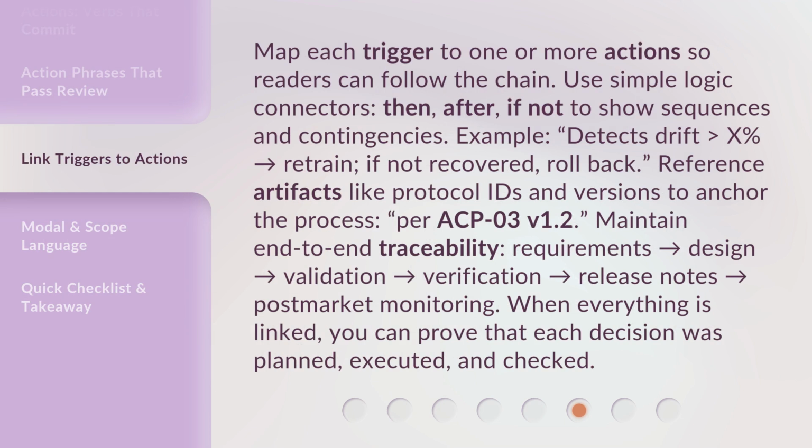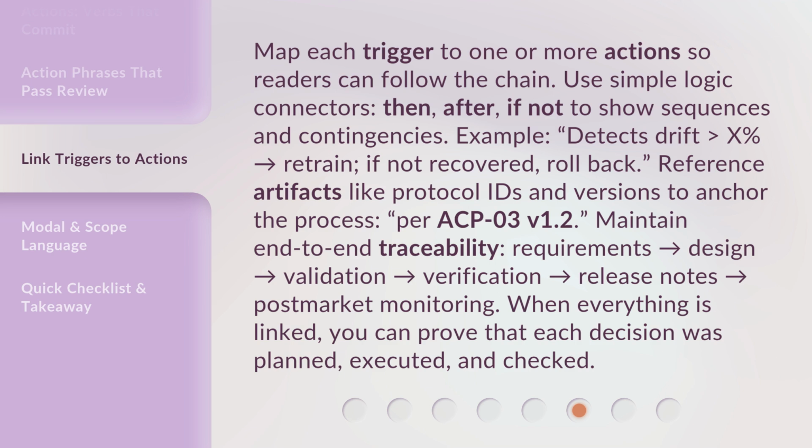Map each trigger to one or more actions so readers can follow the chain. Use simple logic connectors: then, after, if not, to show sequences and contingencies. Example: detects drift greater than X% → retrain. If not recovered, roll back. Reference artifacts like protocol IDs and versions to anchor the process, per ACP-03 version 1.2.